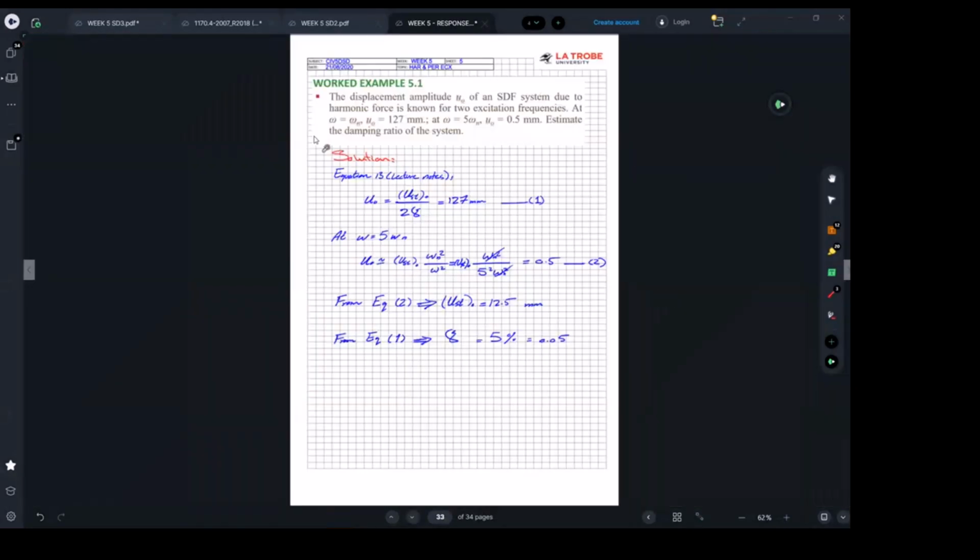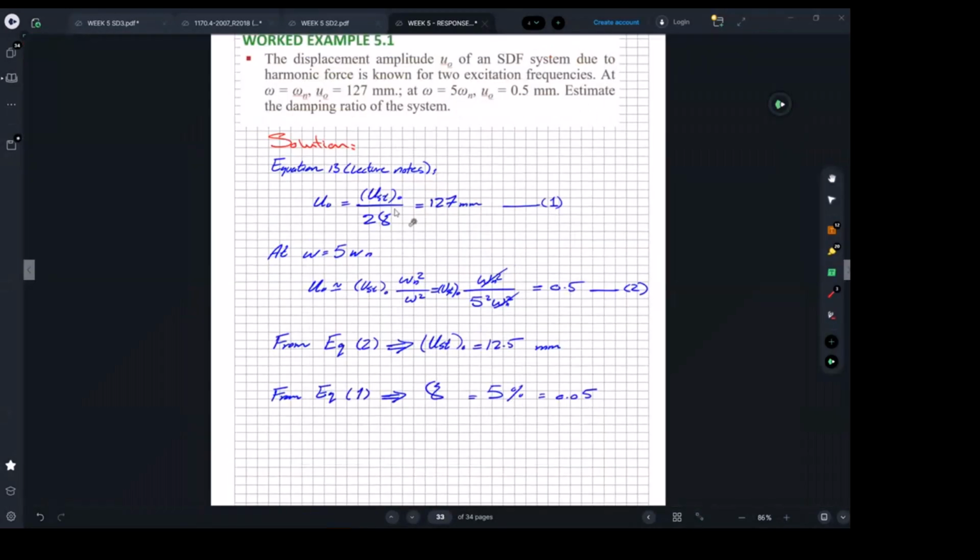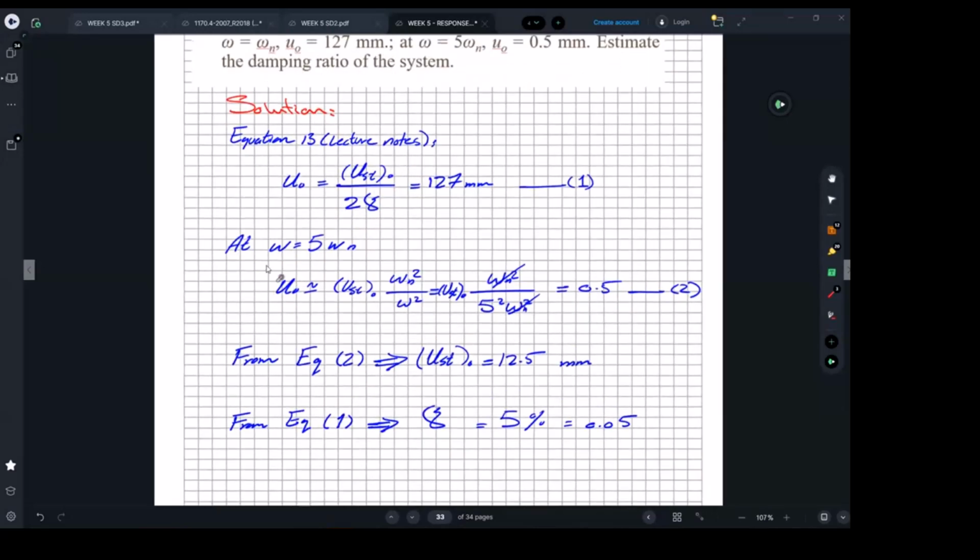So we formulated the first equation with our unknown. Then what's happening here? Is it case number 1 or 2 or 3 again? The forcing frequency is 5 times the natural frequency. In an exam, I may give you a real building, and you should be able to determine where we are at.